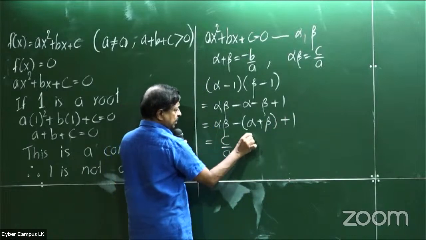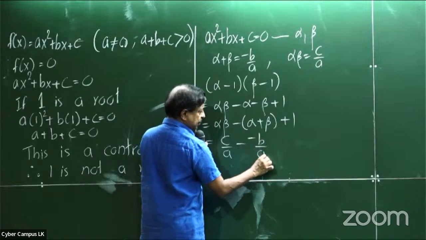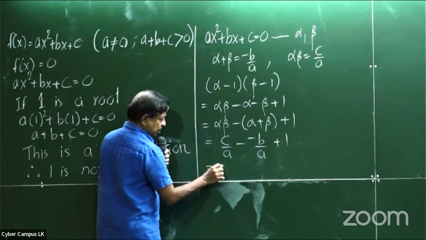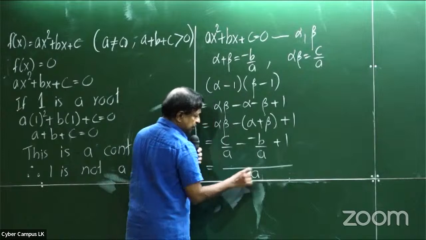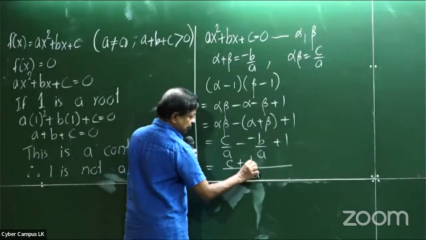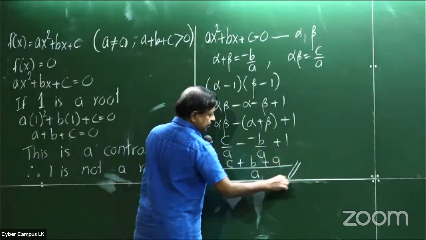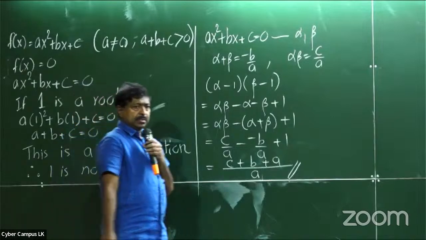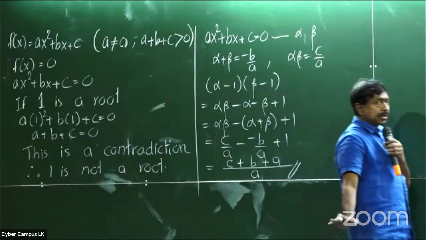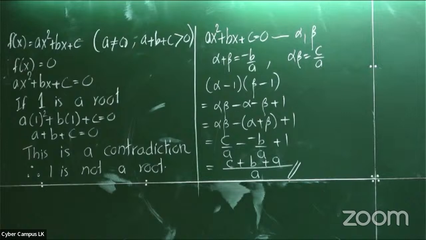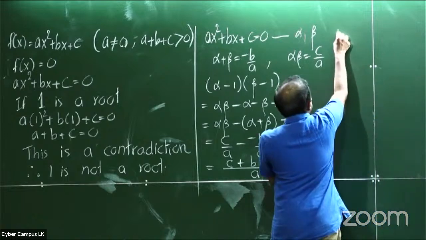C over a, this is minus b over a, and this is 1. You can write everything above one common denominator, c plus b plus a. Right? That part is straightforward. Now we need to find the equation with roots 1 over alpha minus 1 and 1 over beta minus 1.